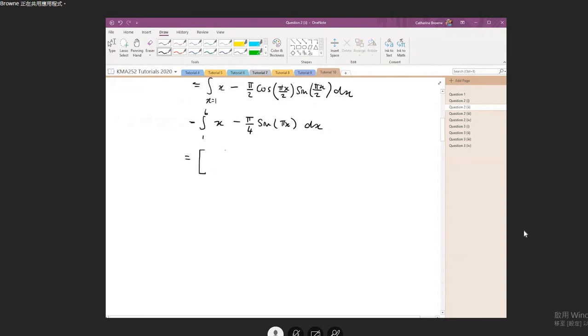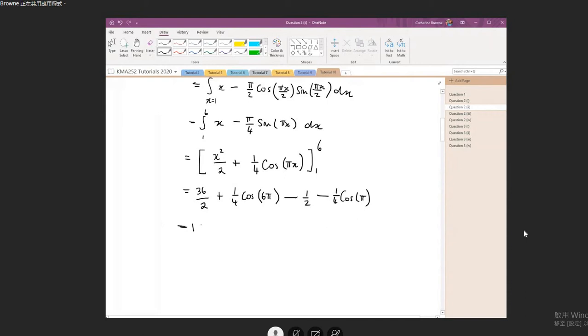And so now it's pretty easy to integrate. We get x squared on 2 plus 1 on 4 cos pi x from 1 to 6. So we get 36 on 2 plus 1 on 4 cos 6 pi minus half minus 1/4 cos pi.